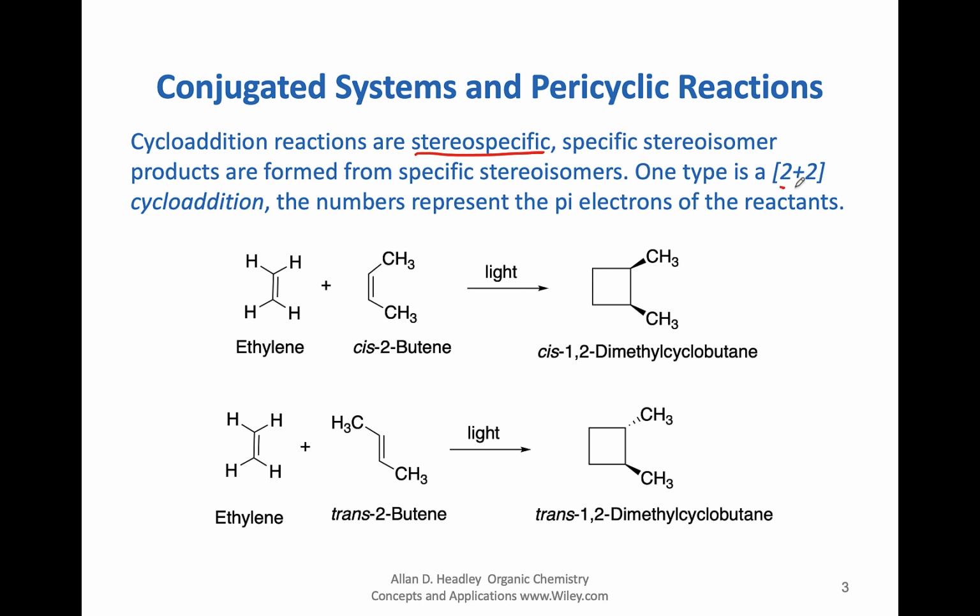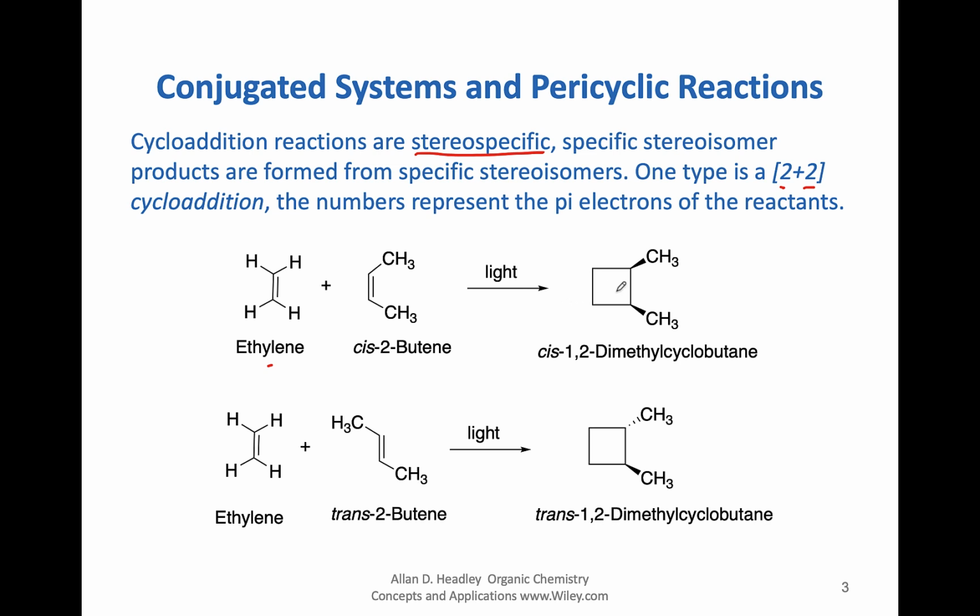A 2 plus 2 represents the number of pi electrons in each reactant. So here is ethylene, 2 electrons, and here is cis-2-butene, 2 electrons, because here is a point of reaction. In the presence of light, it gives a cyclic product, which is a cycloaddition.